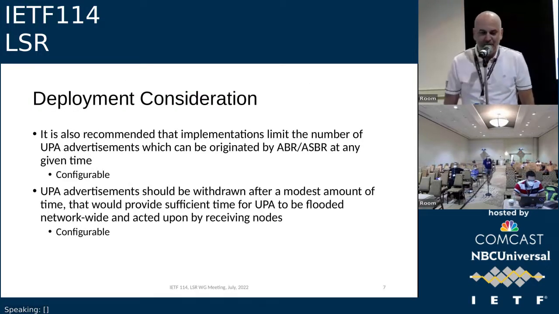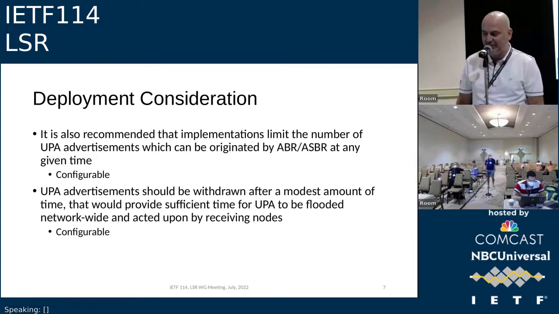A couple of implementation recommendations worth mentioning: obviously, we don't want to advertise tons of these. If there is a catastrophic failure, and an ABR or an L1, L2 router loses connectivity to everything, it doesn't make sense to advertise all the specific prefixes as unreachable. So there should be a bound.